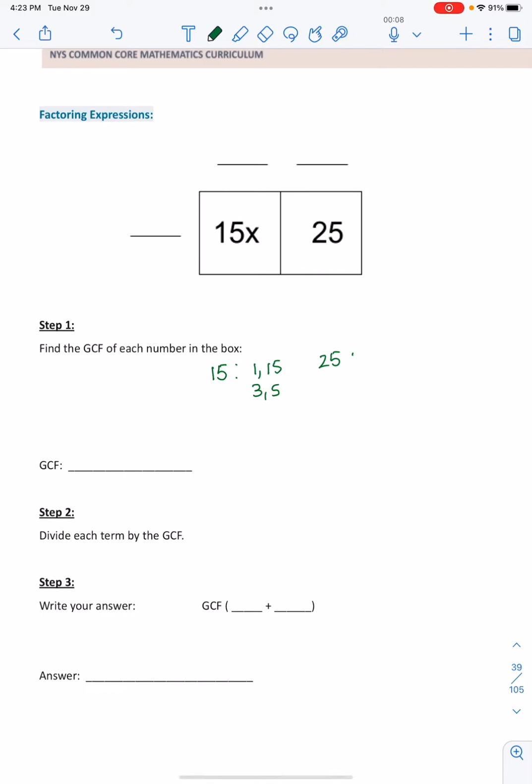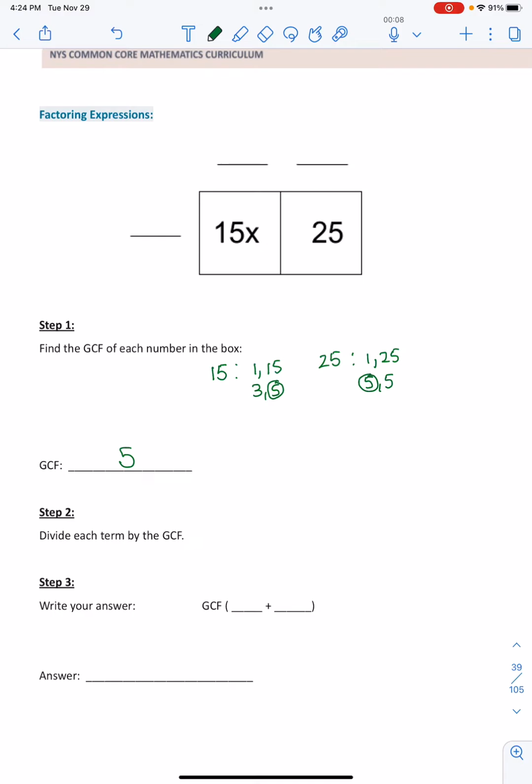For 25, I have 1 and 25, 5 and 5. So my common factors are 5 and 5. So my greatest common factor is 5.